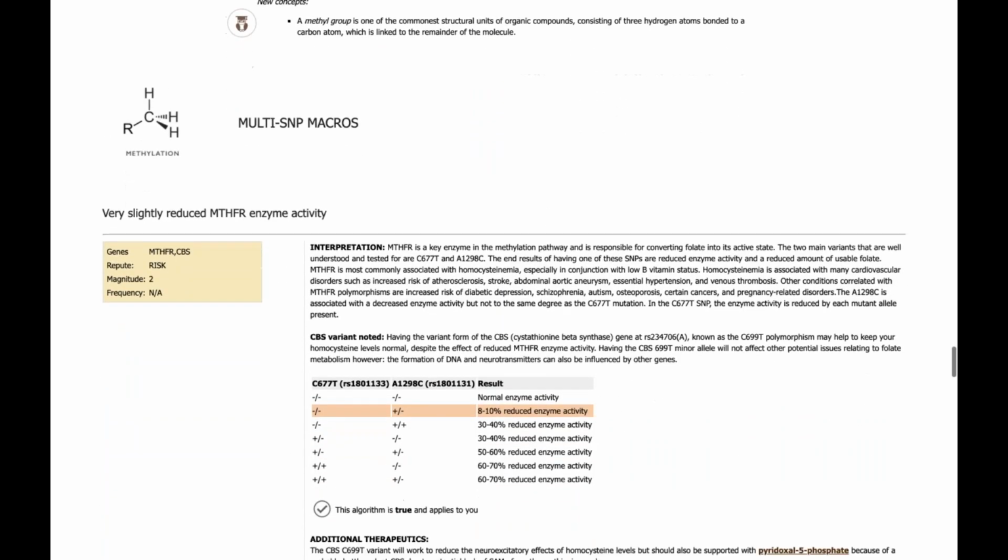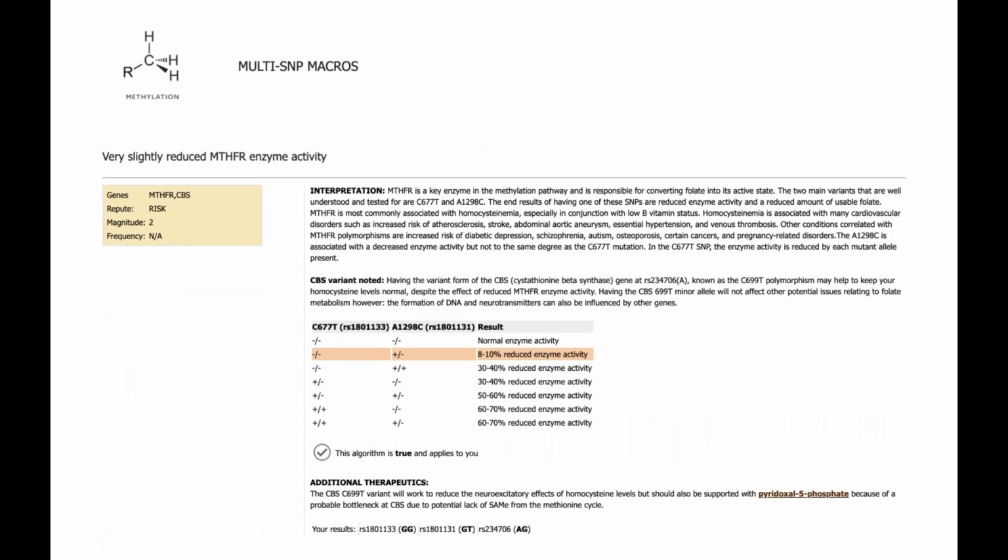Again, moving down, this will be shown for every individual SNP. Now we get to what I call the meat and potatoes of the whole program, and it makes me really excited to show this program to other people, especially patients. When we talk about algorithms, we're not just talking about MTHFR, we're also looking at CBS. If you understand biochemistry, you certainly understand why CBS, cystathionine beta synthase, is responsible in the methylation cycle for getting rid of homocysteine.